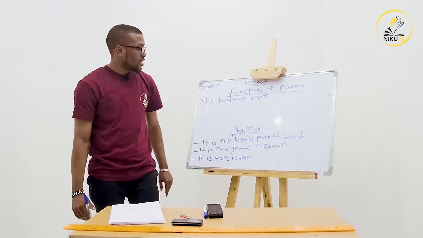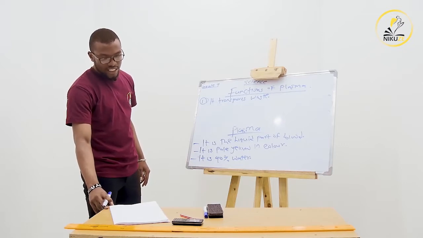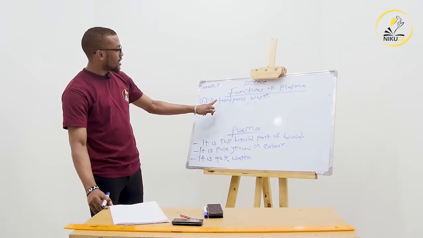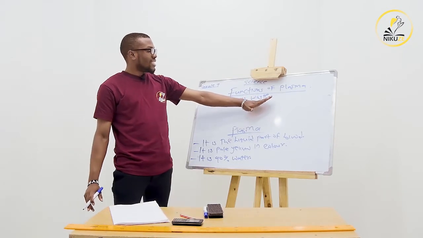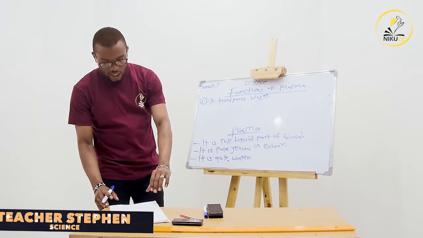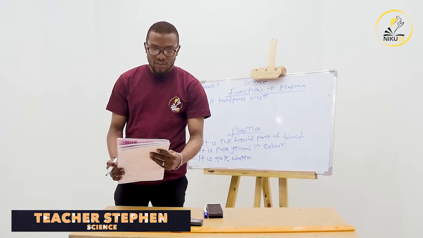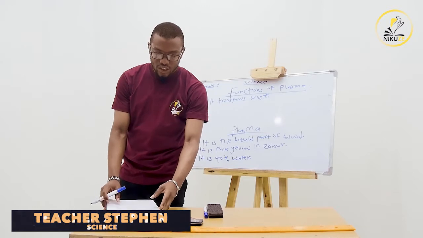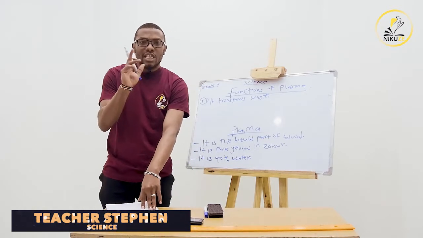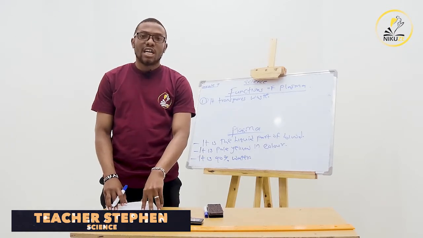Number two, it also transports carbon dioxide. One of the wastes here is the carbon dioxide. The waste that your body doesn't need and gets rid of is the carbon dioxide, which is removed through the lungs. After the blood in your body has been utilized, you find the blood having much carbon dioxide.